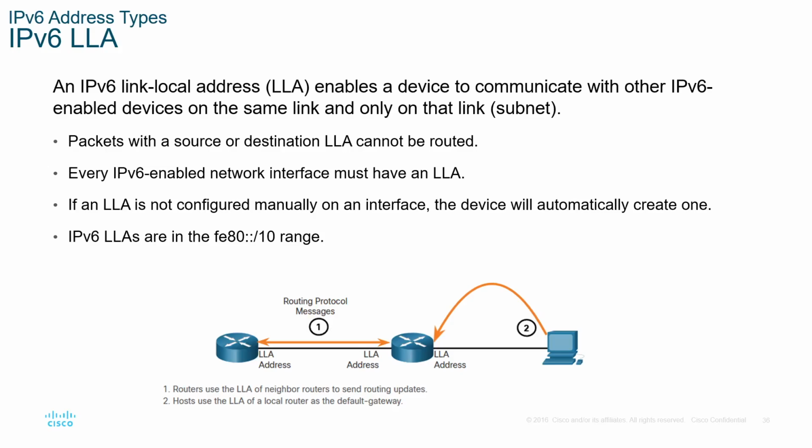If a link local address is not configured manually on the interface, the device will automatically create one, and we'll see how they automatically get an address in a few slides. Now, IPv6 LLAs are in the FE80::/10 range. So pretty much everything that starts with FE will be in the link local address range.